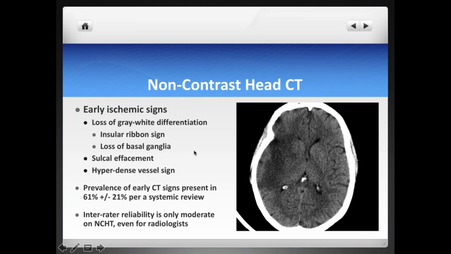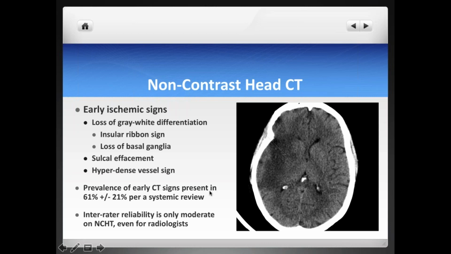You're going to look at the insular ribbon sign and the loss of the basal ganglia. You're going to see effacement of the sulci. As you can see here, you can see the sulci very well, whereas on this side you don't see them very well. And of course, you're going to look for the hyperdense vessel sign.